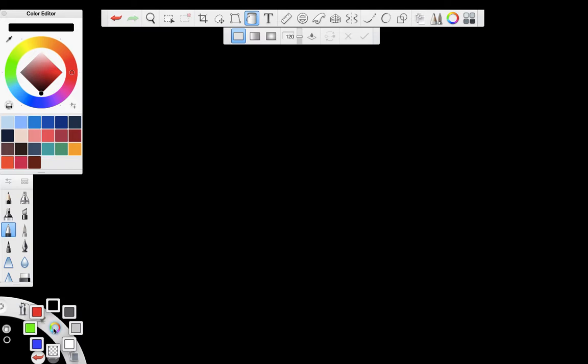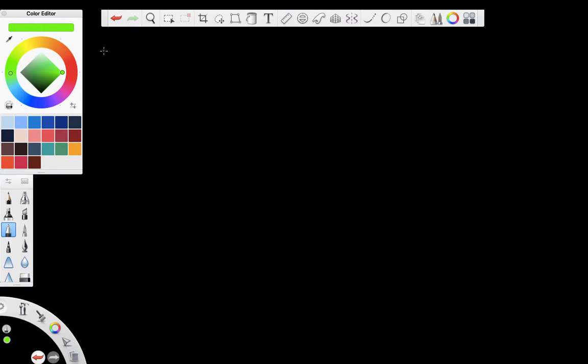So let's start with a keyword, and our first keyword is the word exchange surface.